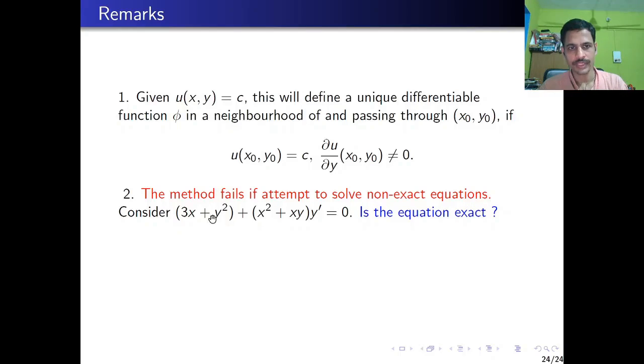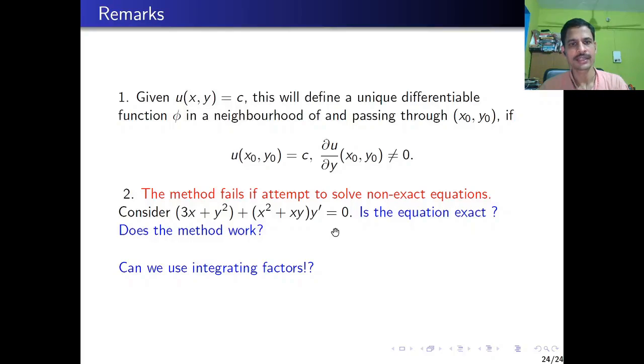So, for example, you just observe this particular ODE. Do the test for exactness. You can pause the video and try to do the test for exactness. What you have to do? You have to compute the N_x and you have to compute M_y, and you have to see whether they are equal or not. So you'll observe that this equation is not exact, and so the method, you will see, also does not work here.